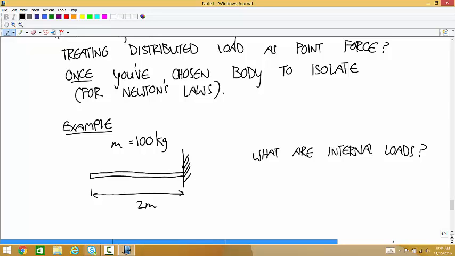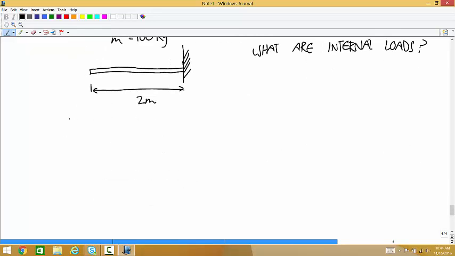If it was the other way, then we'd need to know what's happening on the left end. So I'm going to skip the external loads, because they're on the right end.